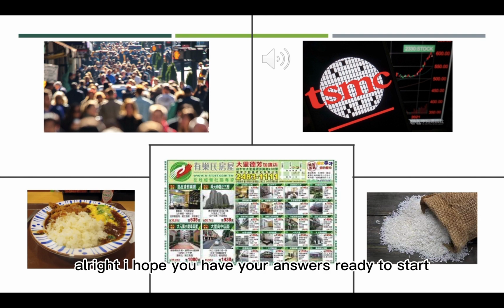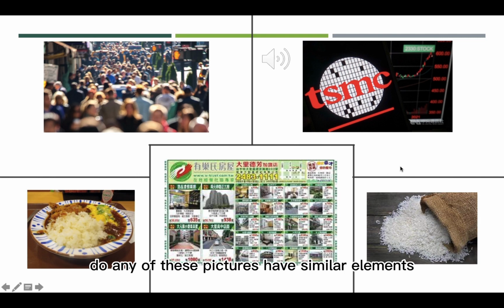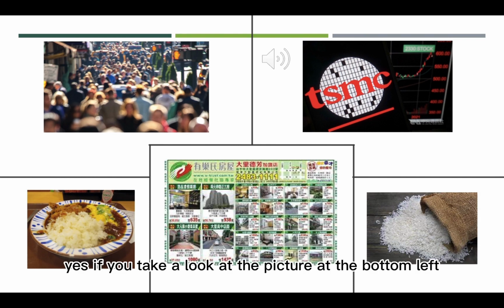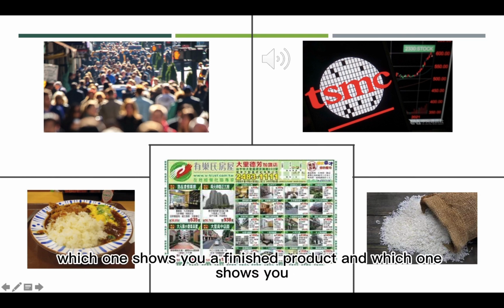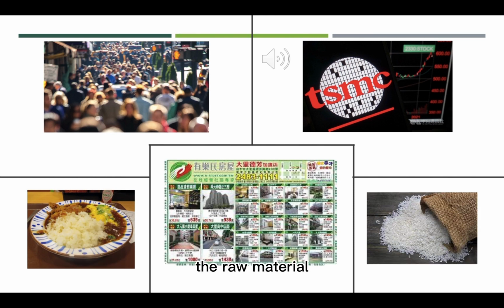Alright, I hope you have your answers ready. To start, do any of these pictures have similar elements? Yes. If you take a look at the picture at the bottom left and the one at the bottom right, they both have rice. Then the question is, which one shows you a finished product and which one shows you the raw material?